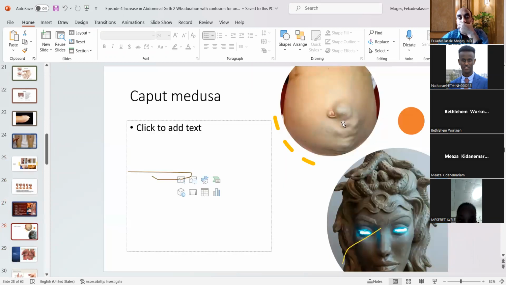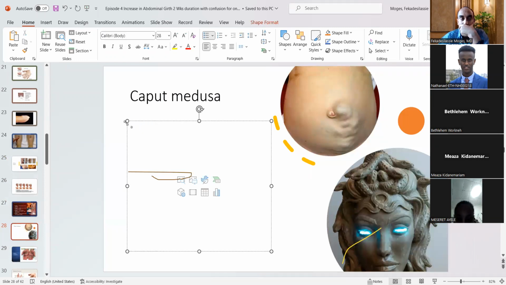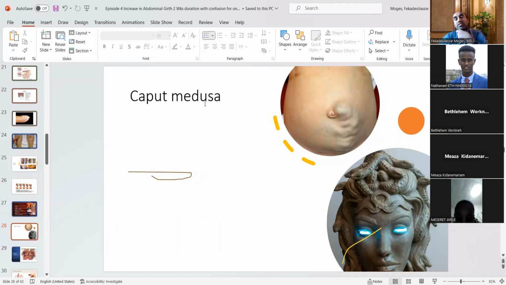And what is the name for this one? What is the name? Caput medusae. Yeah, so Medusa is found in Greek mythology, and this lady had her hair changed into snakes, as you see.